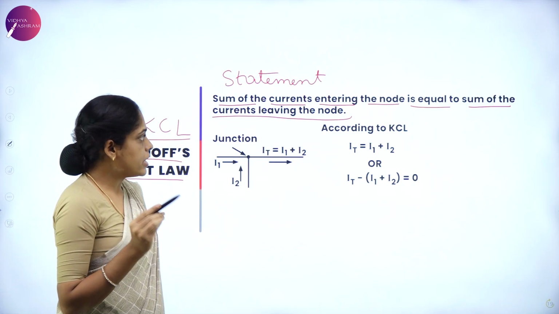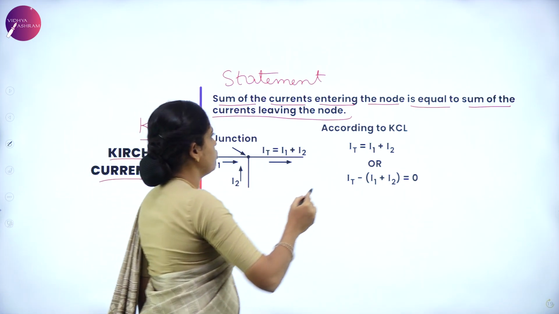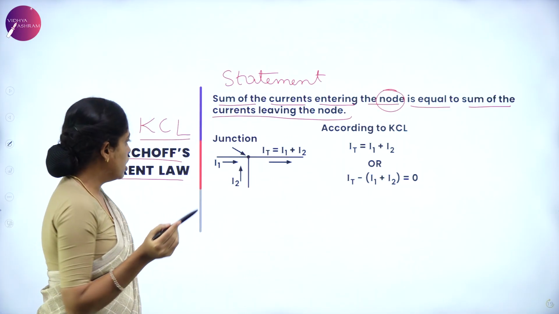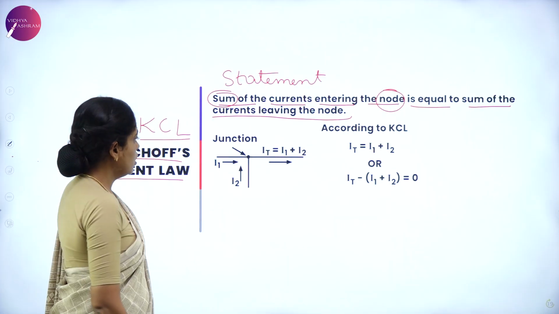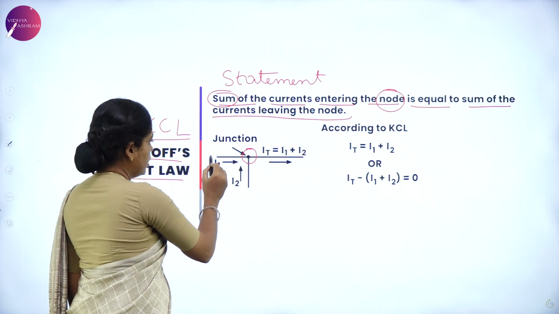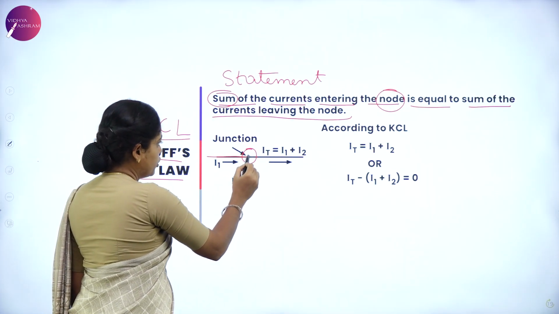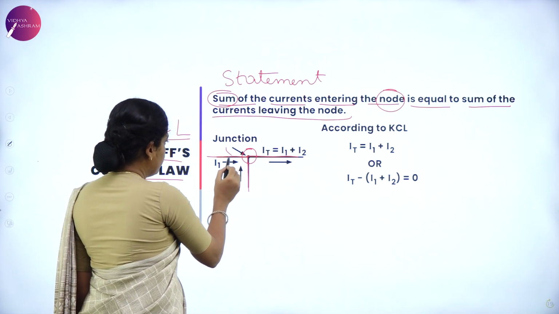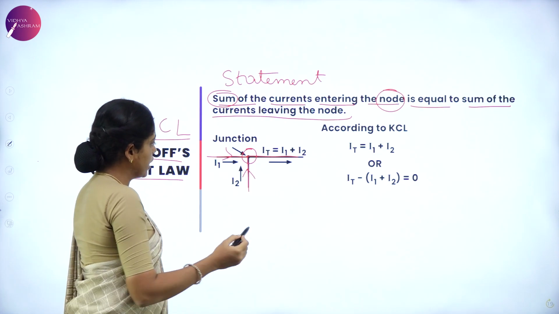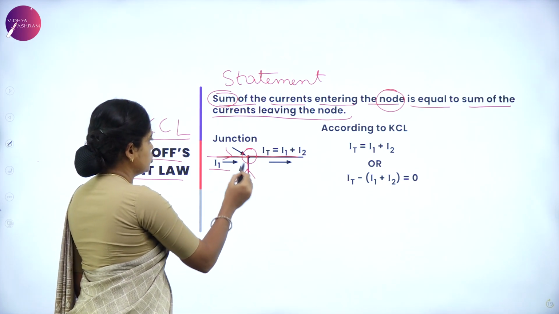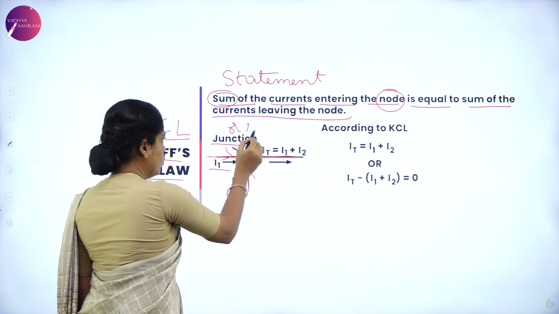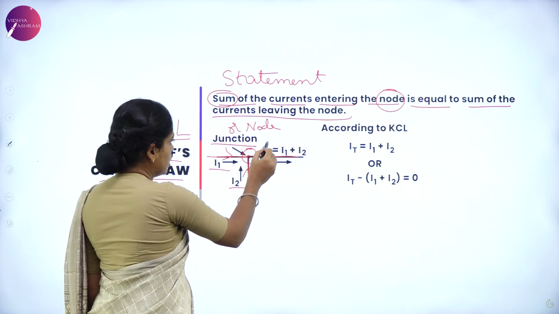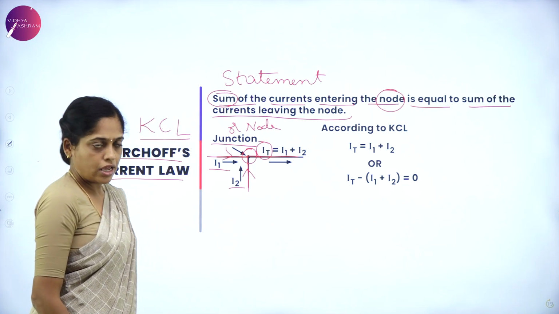So to apply Kirchhoff law, first you have to identify the node in an electrical circuit. Here is an example. Look at this. This is the point where 3 circuit elements are connected, in which I1, I2 are the currents entering this junction or node, and the leaving current from this junction, let us consider it as IT.